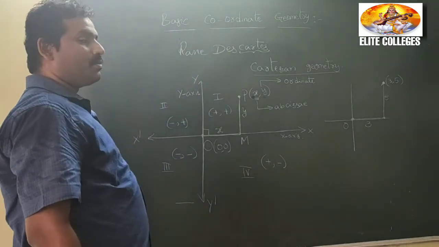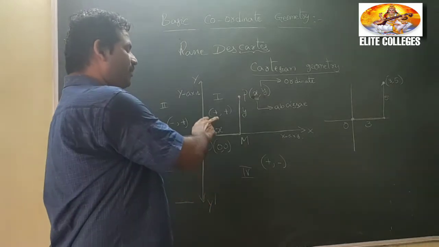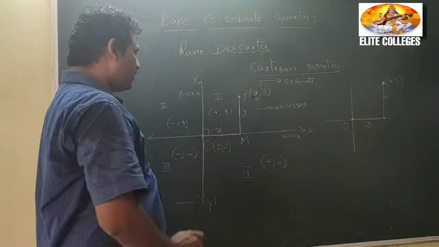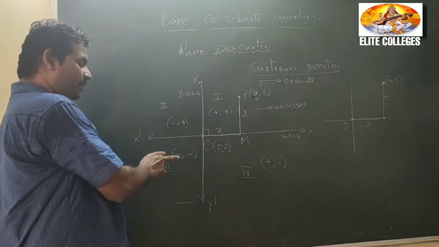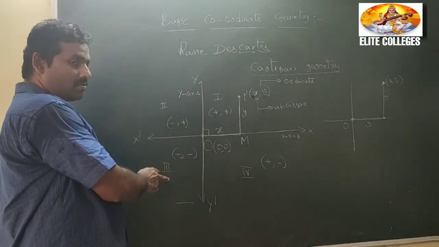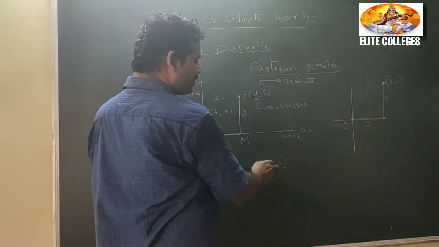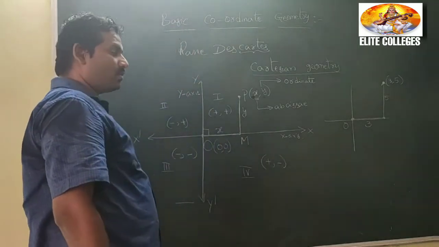So any point in the first quadrant is of the form plus, plus. Negative, plus is in the second quadrant. If both are negative, it is in the third quadrant. If plus, minus, it is in the fourth quadrant.